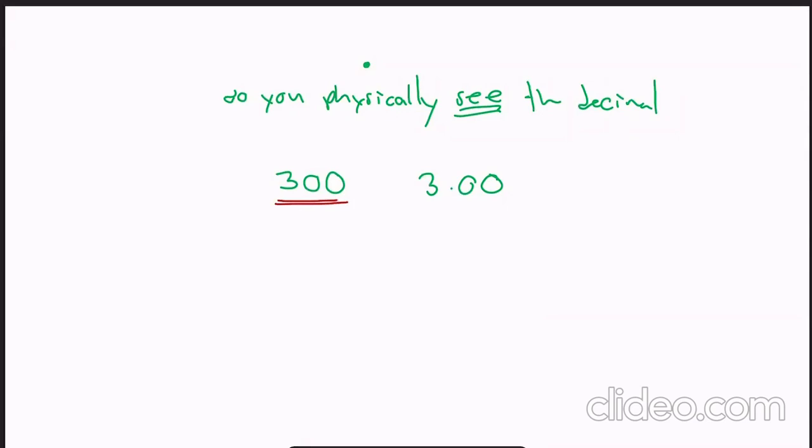No. I know that there's an imaginary decimal. I'm not asking you, is there an imaginary decimal? What I'm asking you is, do you physically see it? If you don't physically see the decimal, you do not have to include the trailing zeros. One significant figure. If you do see the decimal, then you have to include the trailing zeros.